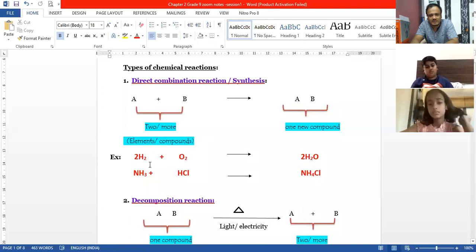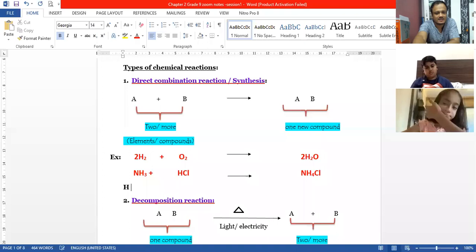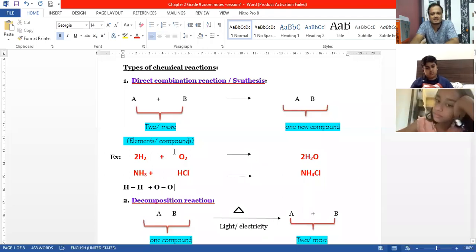So hydrogen will be represented as H bond H, and then plus O bond O. These are the bonds existing in hydrogen and oxygen, right? When this reaction happens, the bond between hydrogen will break, the bond between oxygen will break, and new bonds will be formed.